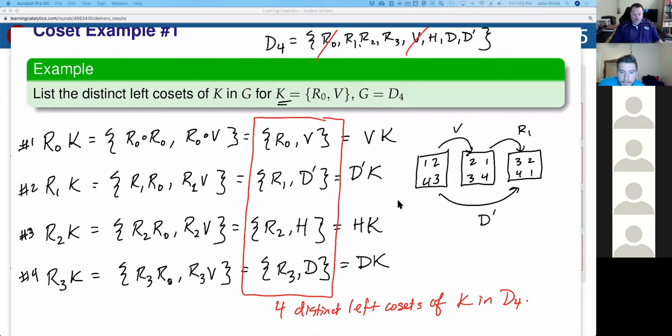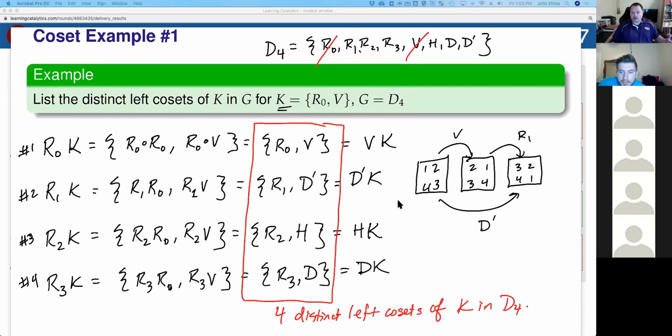Now, one of the things that I just want to point out, and we're going to keep track of this as we do more examples, if you take the size of D4 and divide by the size of the subgroup that we use to generate the cosets, the size of D4 is 8, K has size 2, you end up with 4.